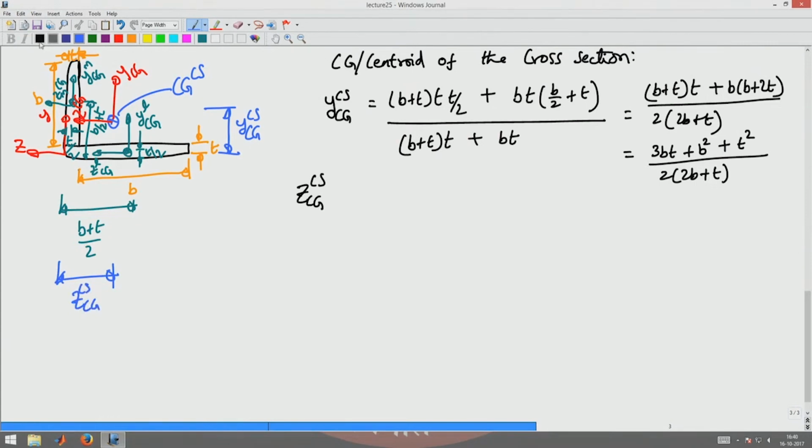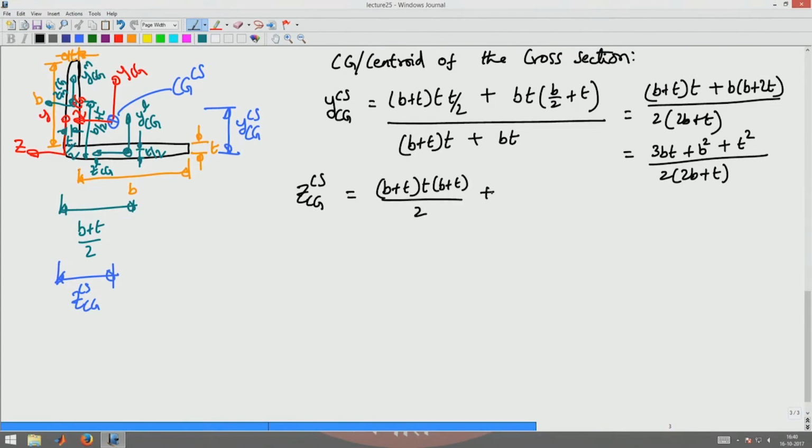Towards that, I have to find the area of the bottom leg, B plus T into T, into the z distance of its centroid, which would be B plus T by 2.